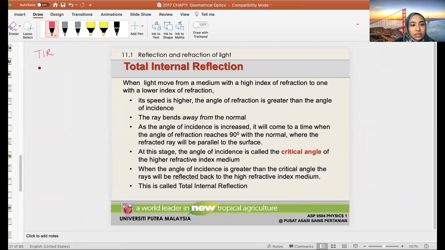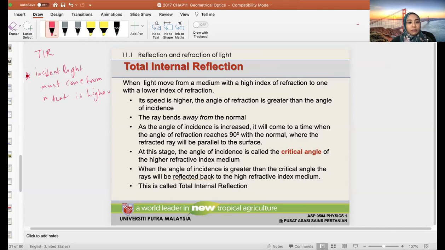Total internal reflection must come from an n that is higher. Incident light must come from n that is higher. Sekejap, bagi saya habis tulis. Inilah dia kalau tangan lagi slow daripada mulut.